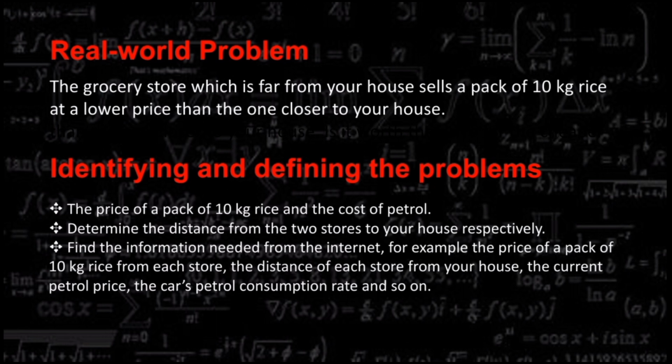Determine the distance from the two stores to your house respectively. Find the information needed from the internet. For example, the price of a package of 10 kg rice from each store, the distance of each store from your house, the current petrol price, the car petrol consumption rate, and so on.